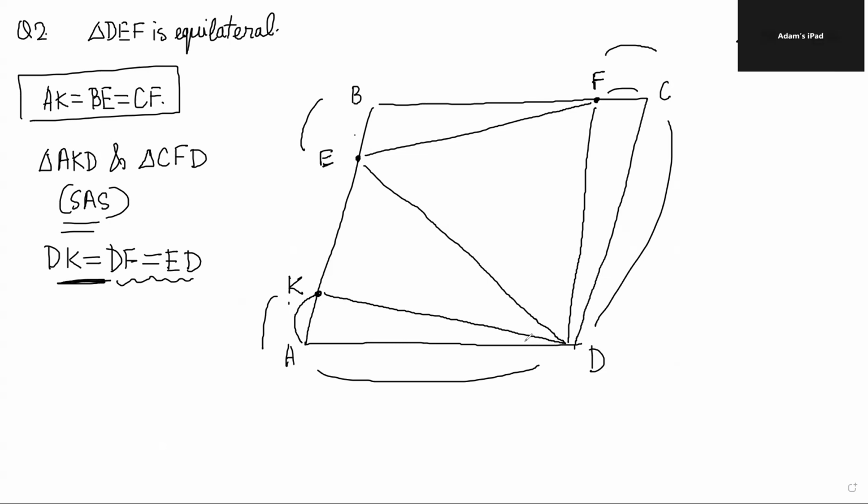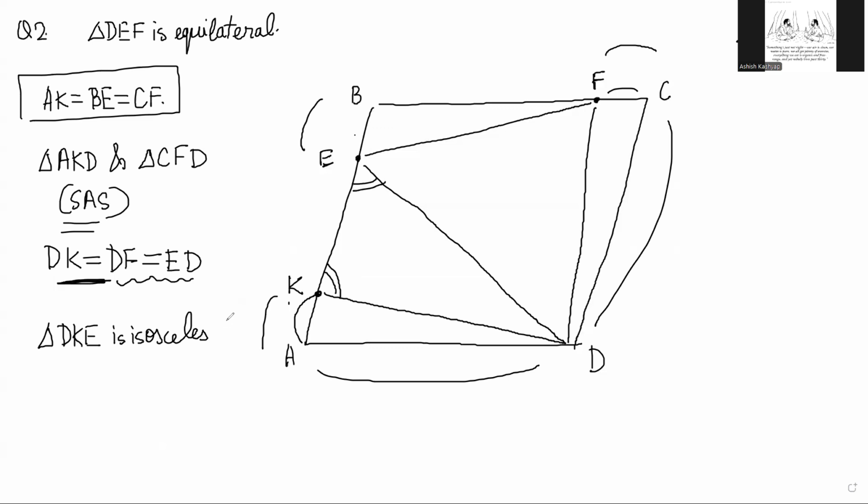So now let's think about this. The triangle DKE has become isosceles. So the angles here and here must be the same, right?